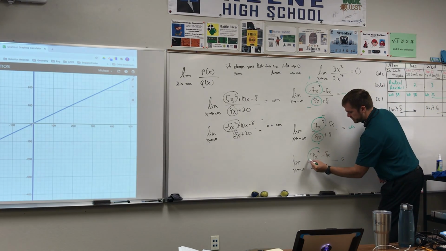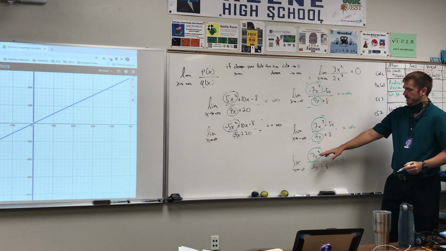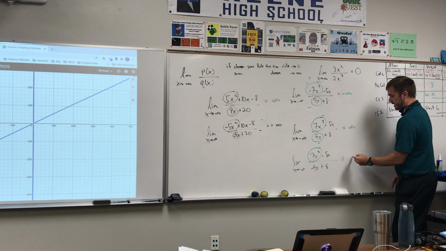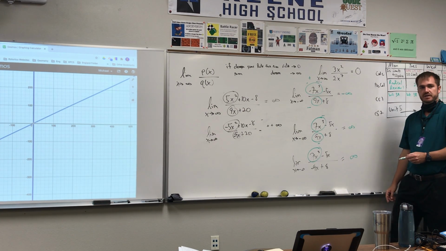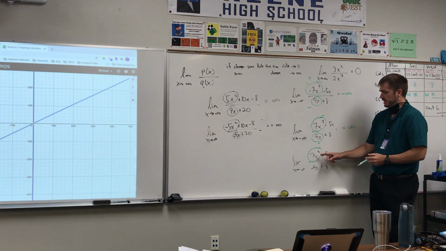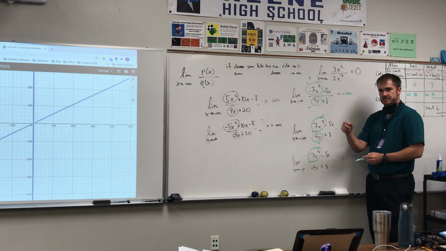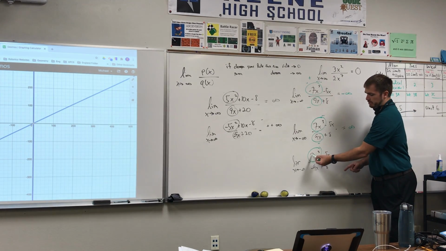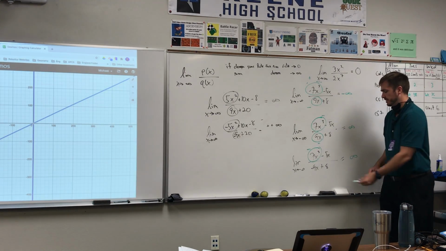So let's talk about this class. As x approaches negative infinity, I know x cubed over x is approaching infinity. But let's see, a negative times a negative times a negative is a negative, and I have a positive here, so negative times positive is still negative.